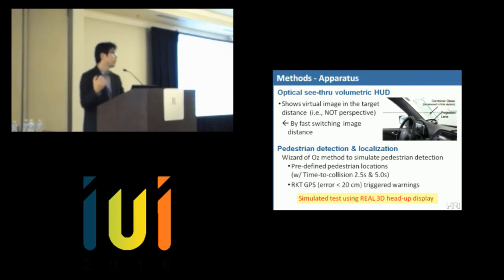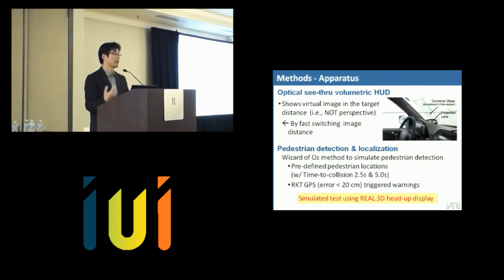And using this display, we implemented the pedestrian warning system I showed in the video, and we did a user study. This is a complete Wizard of Oz setting. This means we predefined pedestrian locations. We defined the target distances as time to collision of 2.5 seconds and 5 seconds.